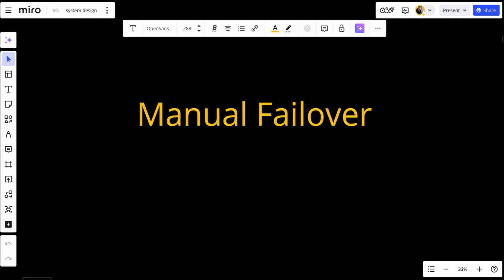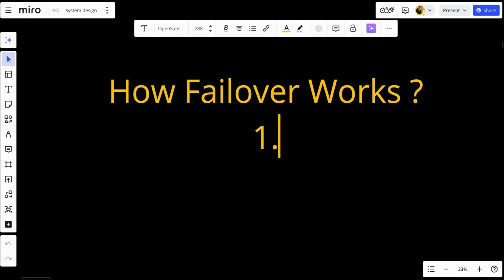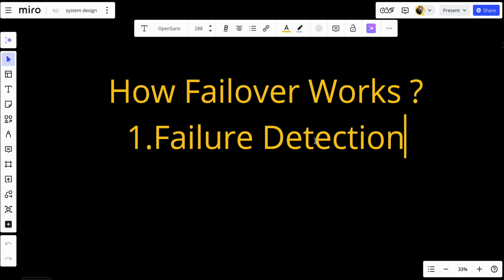Okay, let's try to understand how failover works. Failover works in three steps. The first step is failure detection. Systems use health checks to continuously monitor the status of components.